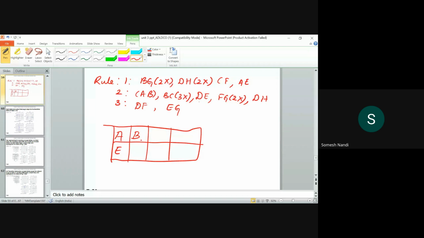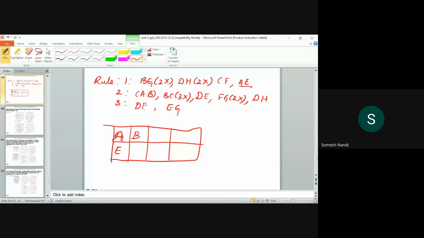If you place D over there, then you have DF also. Will it be adjacent? That we have to check. Initially, because I'm starting with state A, A is my initial state. For A, the adjacent state is E. If I place E here, you see the option.